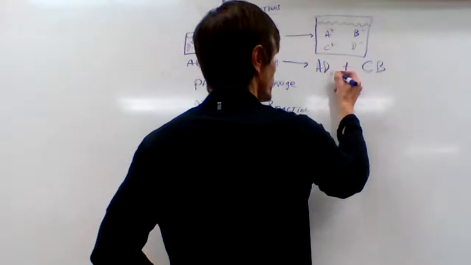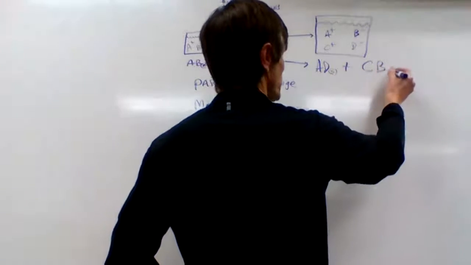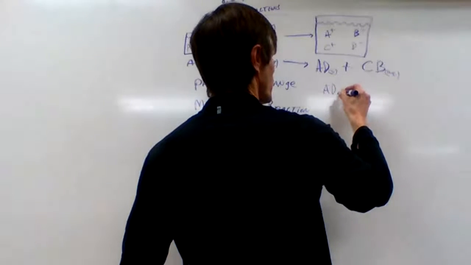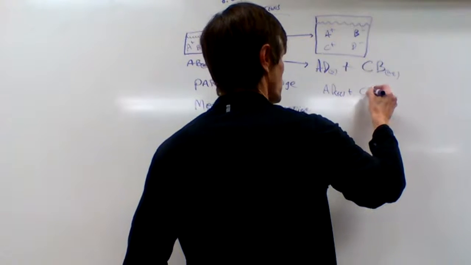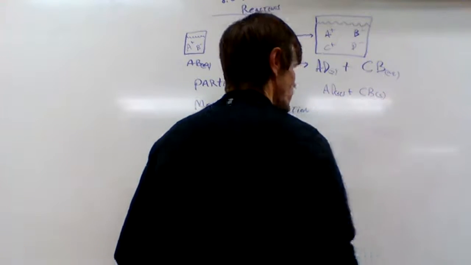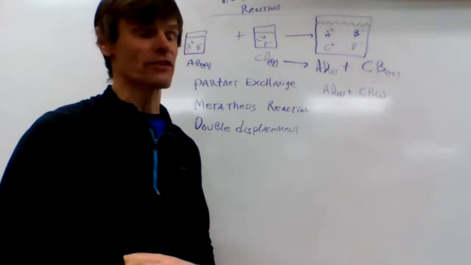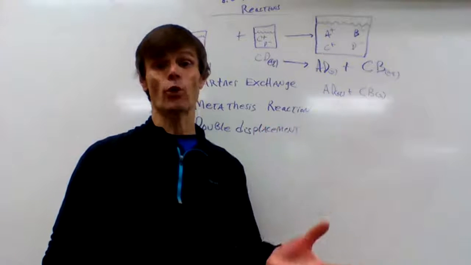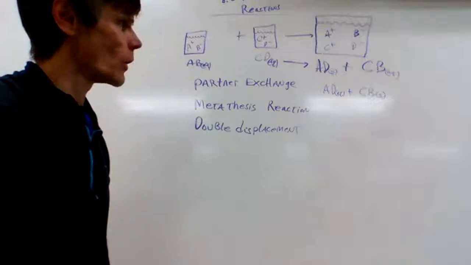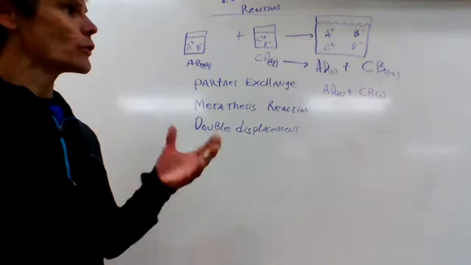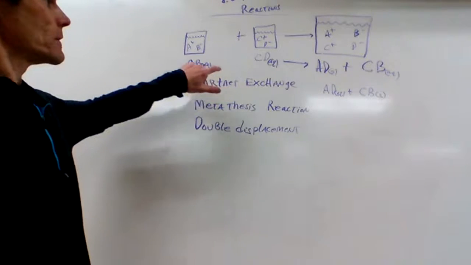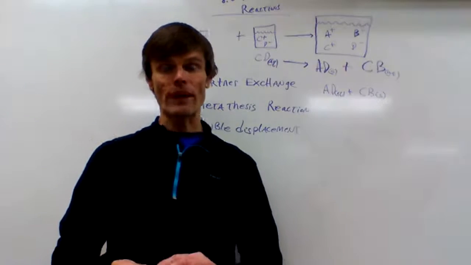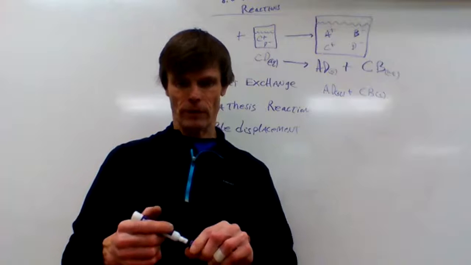Would we put an S here and this be aqueous? Or would these stay as ions in solution and this form a solid? We can also get the case where none of them form a precipitate. In that case, we get no reaction. So that's the goal. We're going to use solubility rules to see if we recombine our ions, do they form a solid precipitate?